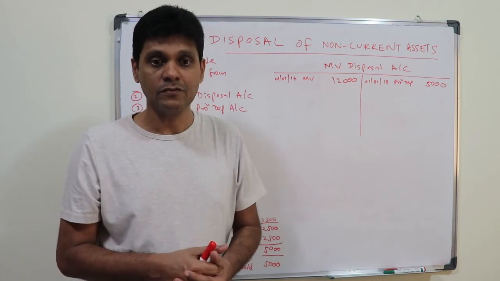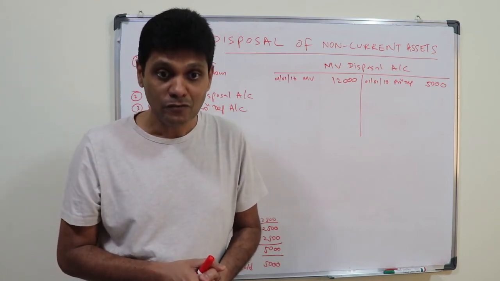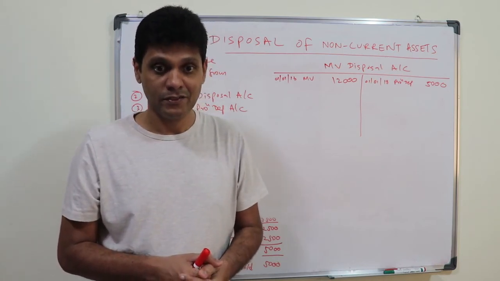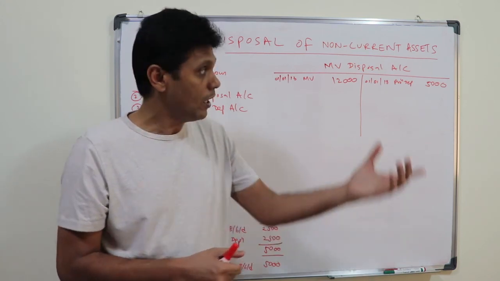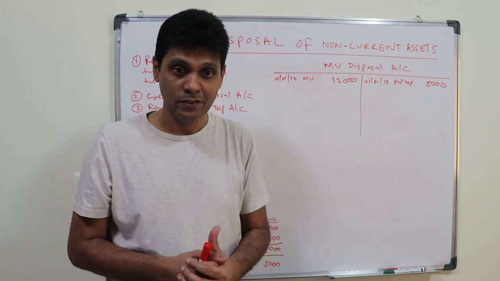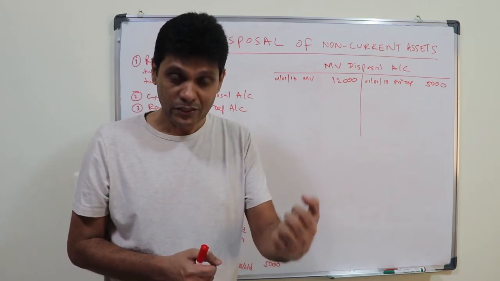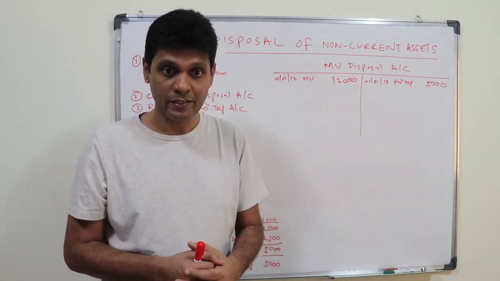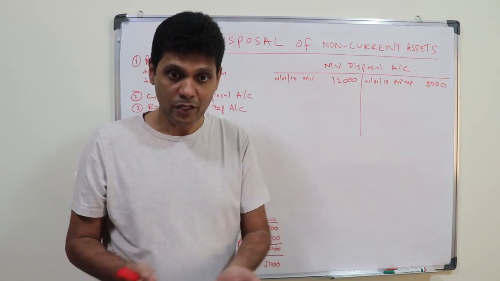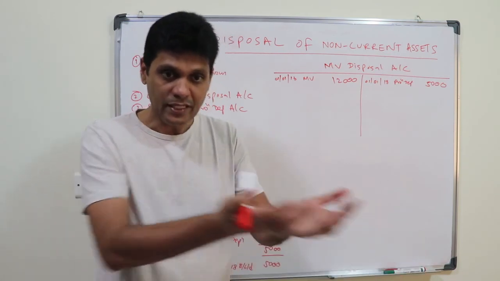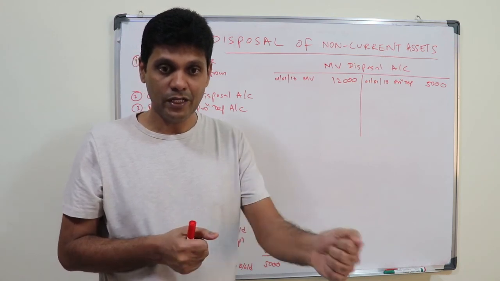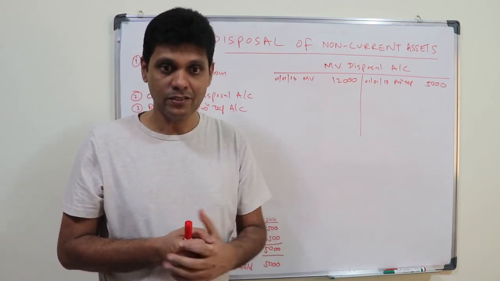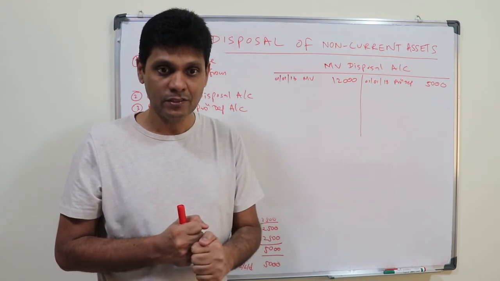How much is the sales? 7,500. You got it? So even though the book value shows 7,000, you could fetch 7,500. When you sell the asset, you are giving your asset. What is the other asset you are receiving? Cash.